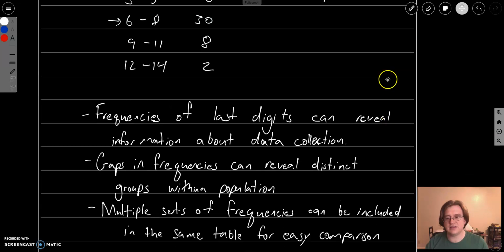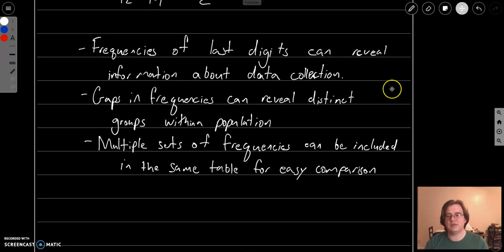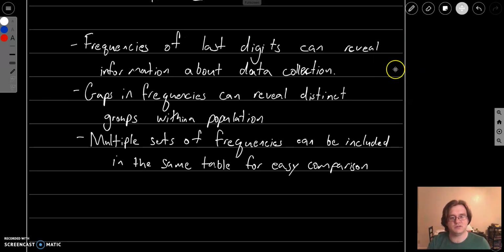And for these last couple of comments, I'm just going to bring up the textbook to show you a few examples that will help illustrate the sorts of information that frequency tables can reveal. The first one is, if you look at the last digits of data entries, sometimes this can tell you a lot.